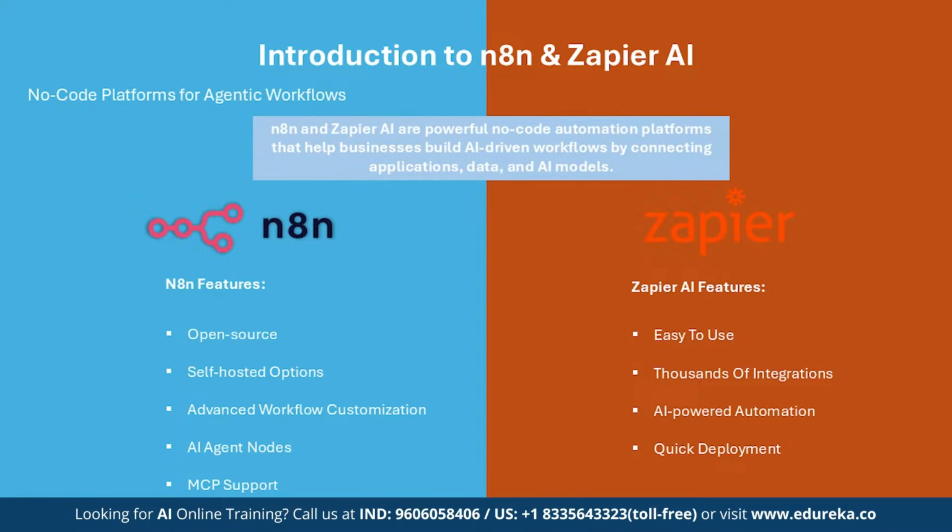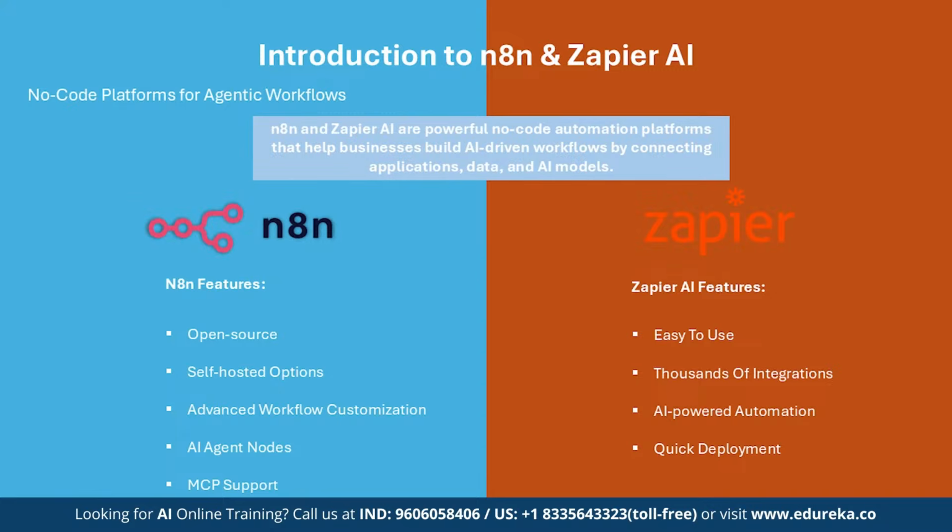It's open source, it allows for self-hosting the application and offers advanced customization with dedicated AI agent nodes. Zapier, on the other hand, is fantastic for speed and simplicity. It has thousands of powerful pre-built integrations and AI-powered automation that allow for very quick deployment.